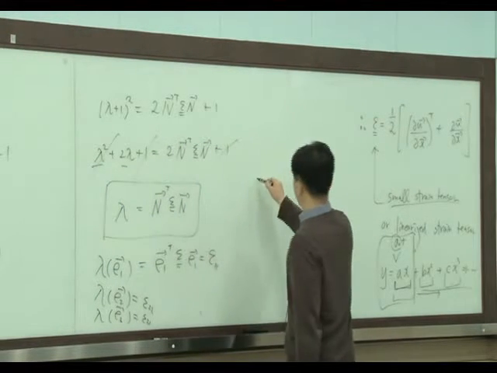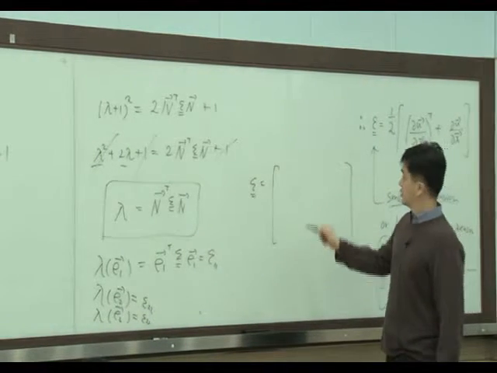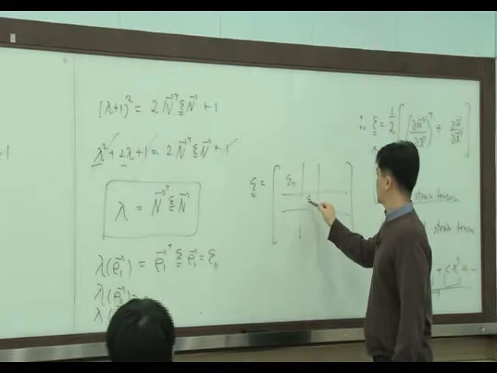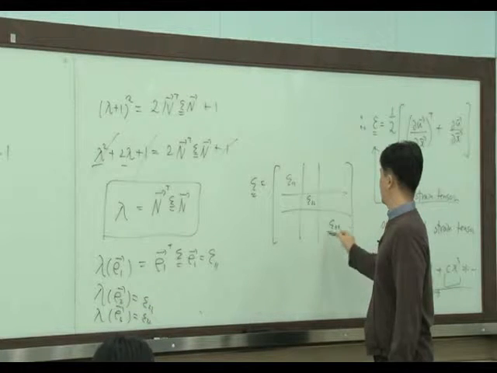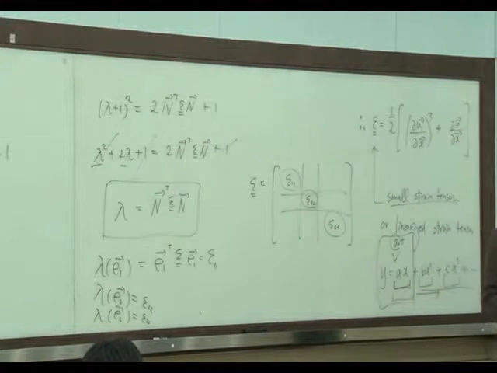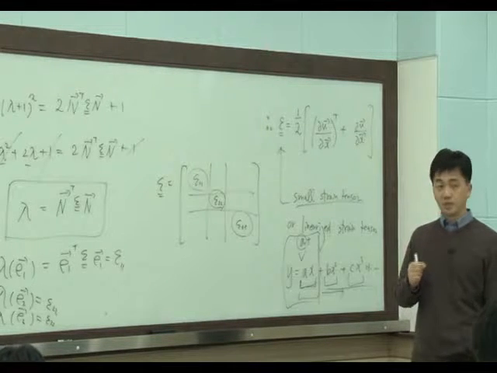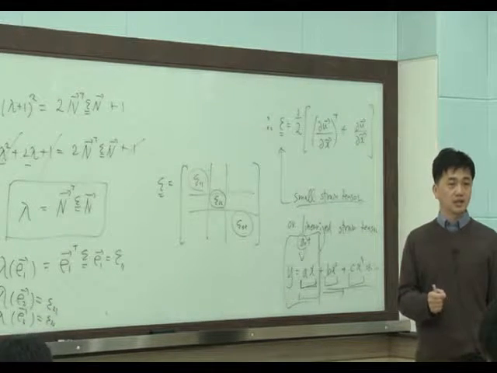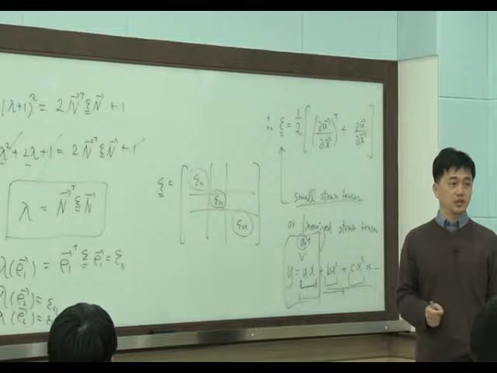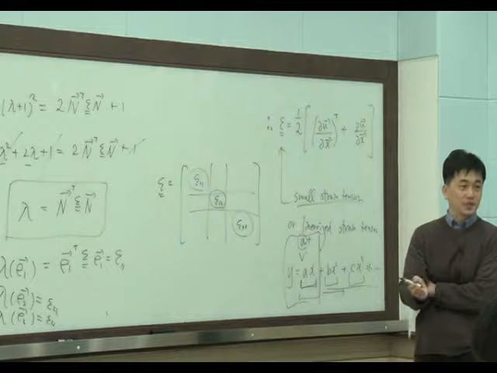So in the small strain tensor, 3 by 3, E11, E22, E33 are the diagonal components of the small strain tensor. They directly mean the length change in the 1, 2, 3 directions. Right? We already know about this, right?